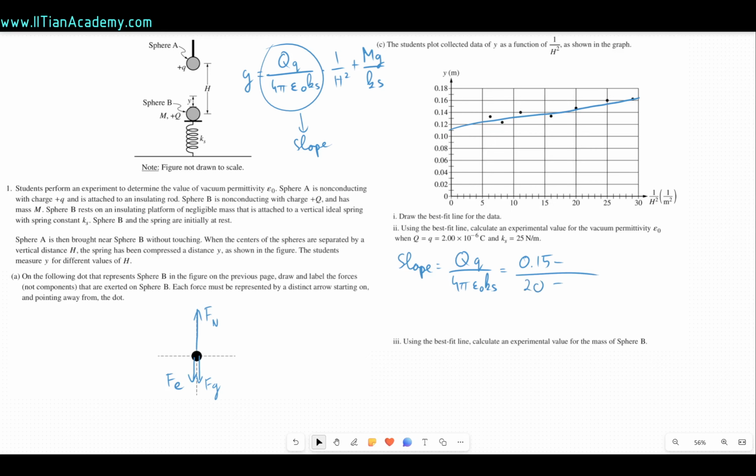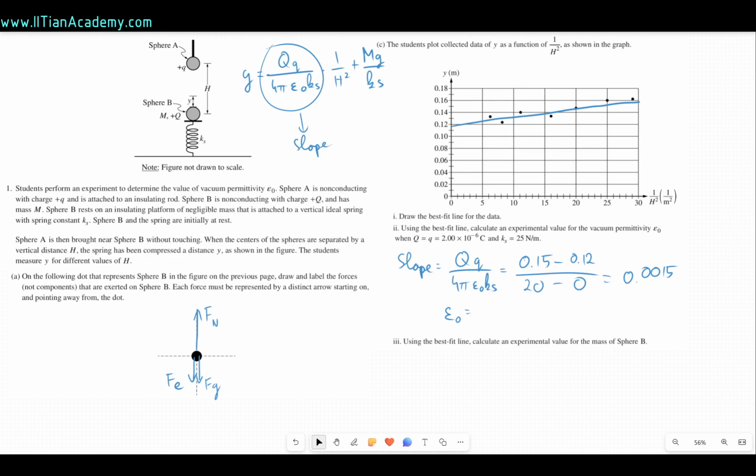And from this we subtract another point on our line, let's say 0.12 and 0. So let's draw it something like this. And this will be 0.0015.